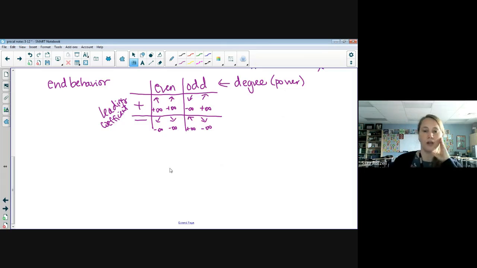Okay. So we have statements that we're going to have to write using our infinities. This is going to get you familiar with this format. When you get into calculus, you'll do the limit definition of all of these, and you'll see that later on. But this is just an introduction to a new form of writing the end behavior.